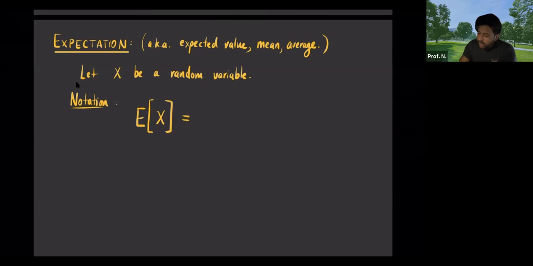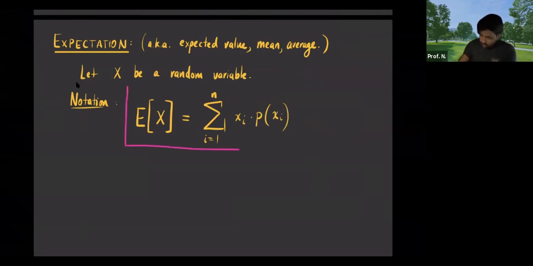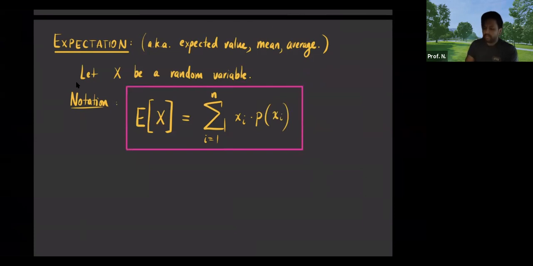Well, the way we define it is the following. We take the summation where i goes from, well, it depends what the values are. Let's suppose I have n different values for X. So x sub i multiplied by the probability that I have x sub i. This is the definition of expectation.